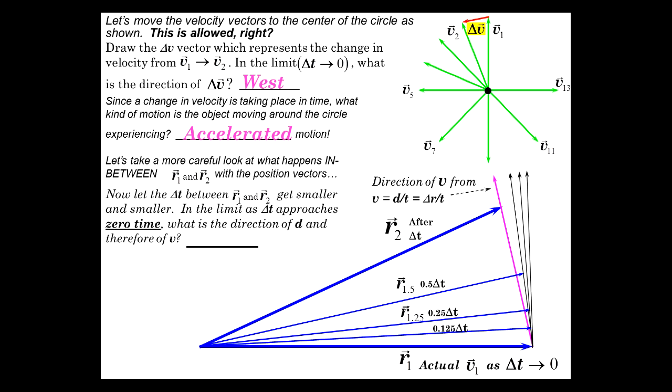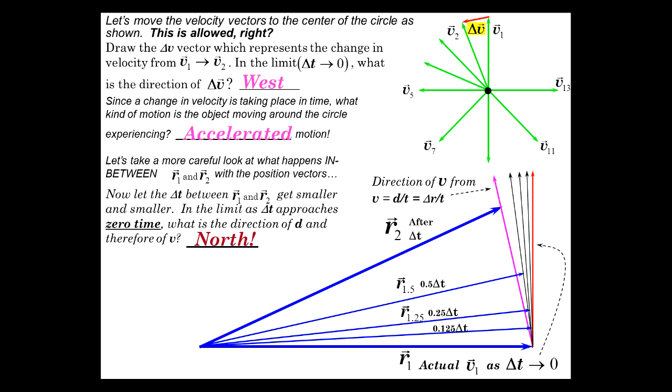And so the actual velocity at position 1, consistent with our intuition at the beginning of this discussion, as delta t approaches 0, at the instant it's at R1, is going to point exactly straight up and down, which is north. So it's pointing due north at that moment. So there it is. Okay, hopefully that made sense.